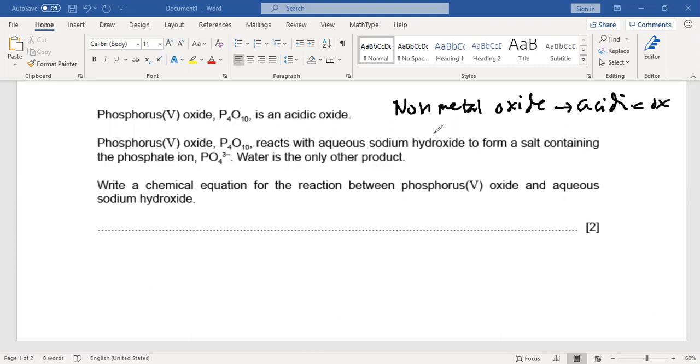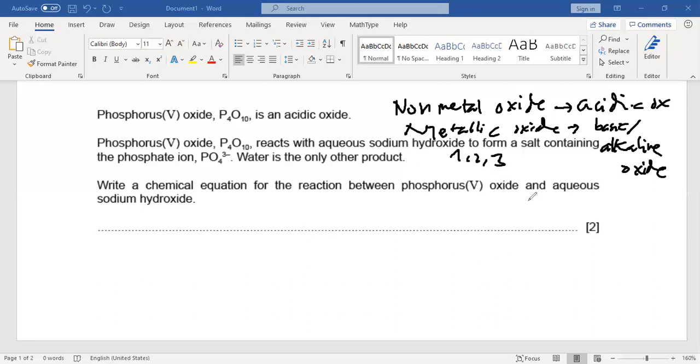Meanwhile, a metallic oxide is actually a basic or alkaline oxide. Metallic oxides come from group 1, group 2, group 3, for example MgO, Li2O or Al2O3. But Al2O3 is distinctive, because it can be acidic or basic, which is called amphoteric.